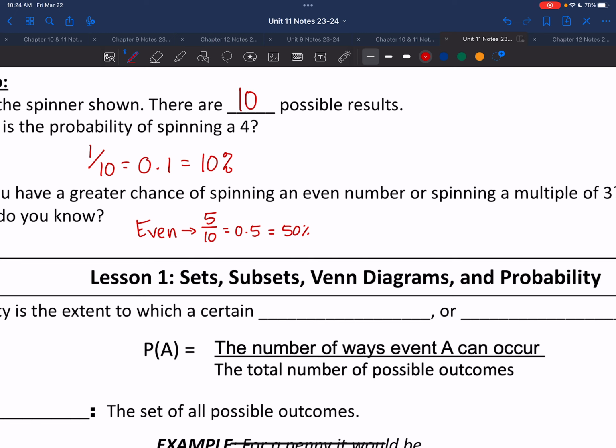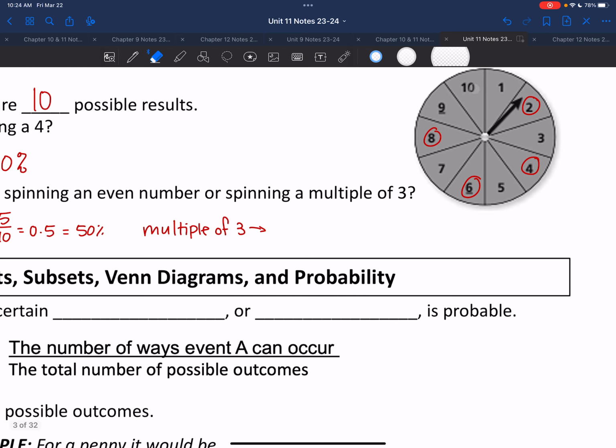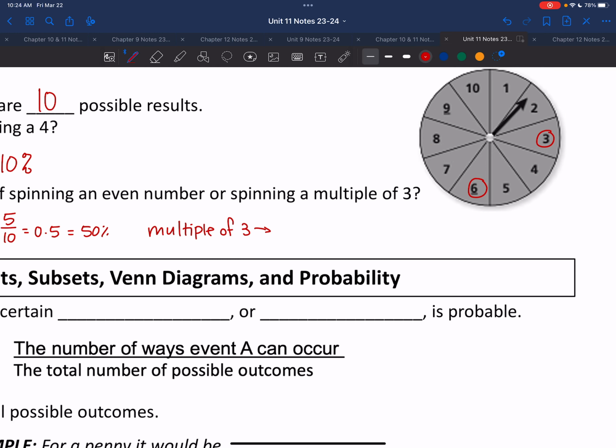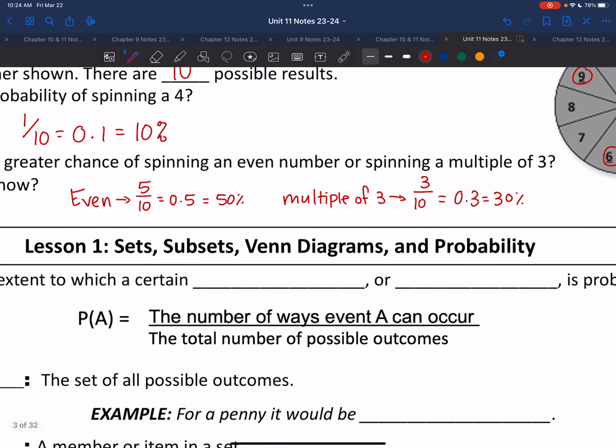And now for a multiple of 3, if we look at that, we only have 3, 6, and 9. So there are 3 out of 10 possible outcomes, or 0.3 or 30%. So you're more likely to spin an even number than you are a multiple of 3.